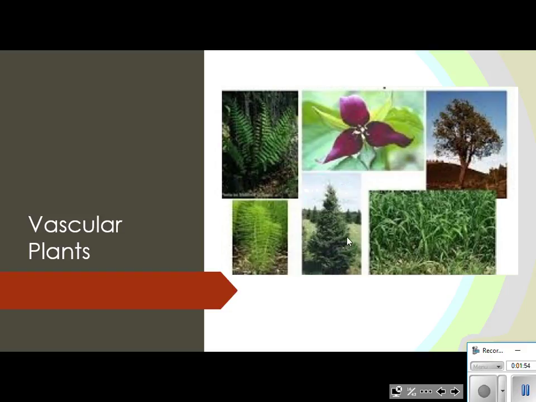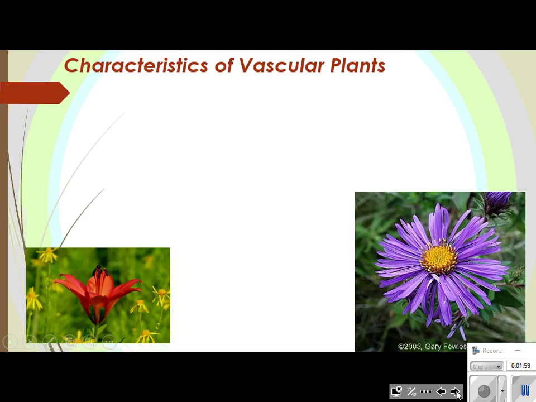Now, what are some characteristics of vascular plants? Well, first of all, they are multicellular plants. Since they're in the domain Eukarya, what can you tell me?